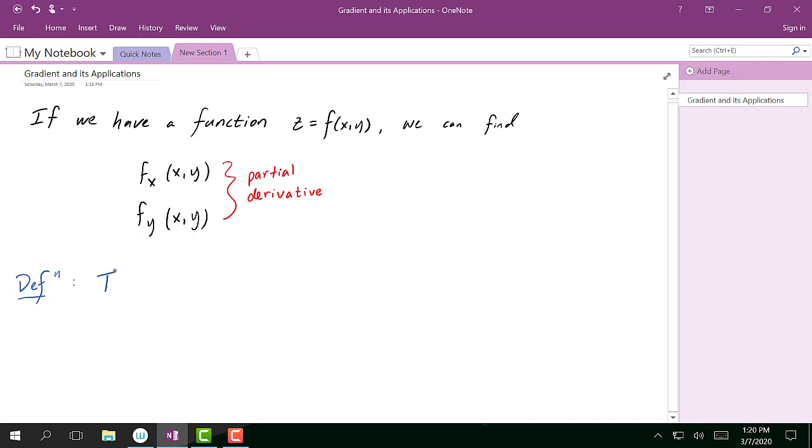And so the gradient vector, the way we notate it is with this upside down triangle. Kind of looks like a Dorito, which we call nabla.